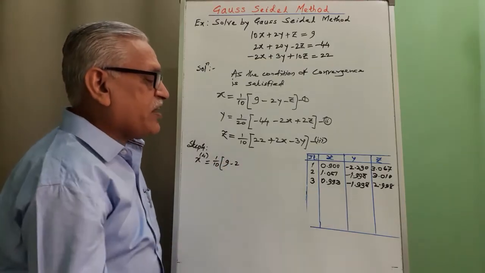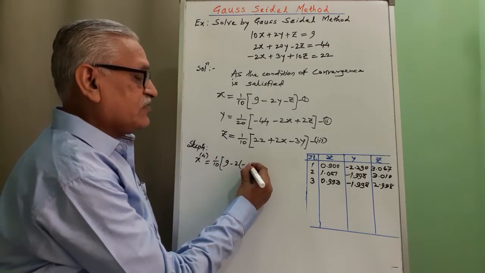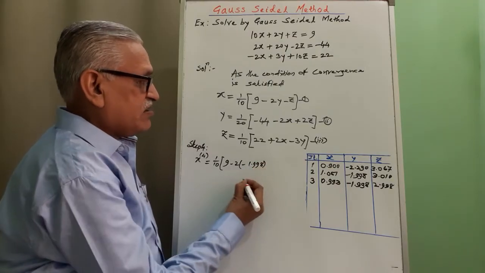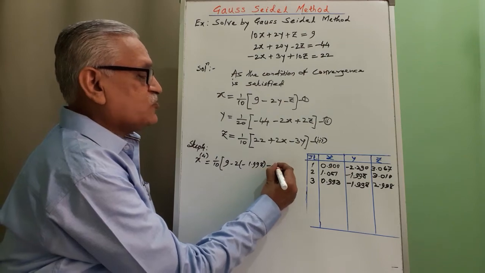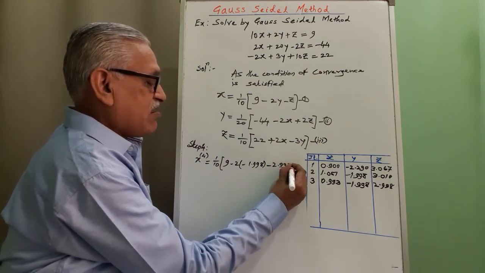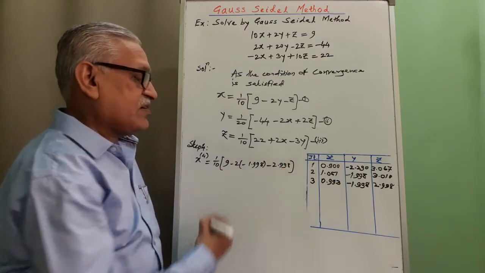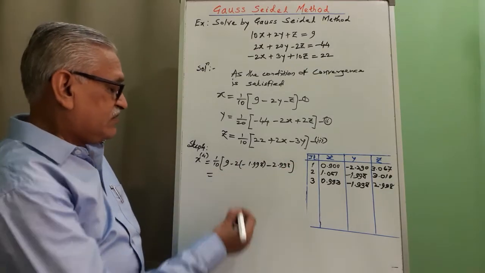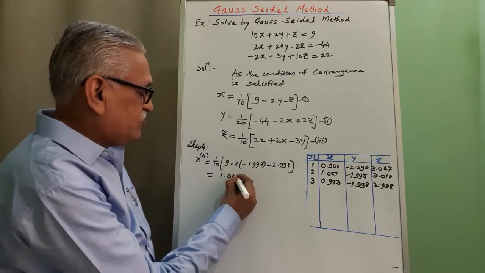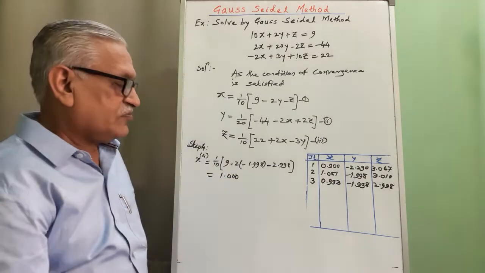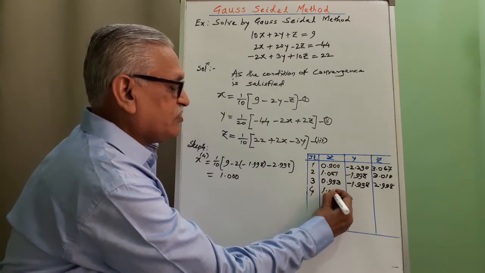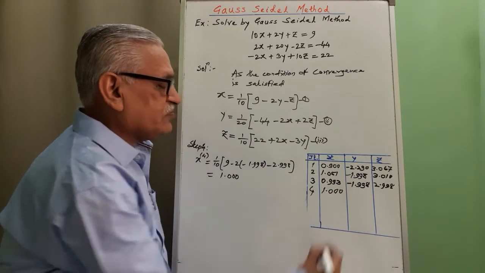The latest value of y is minus 1.998 and minus z, 2.998. Simplifying it, we get 1.000. We put that value here, 1.000.